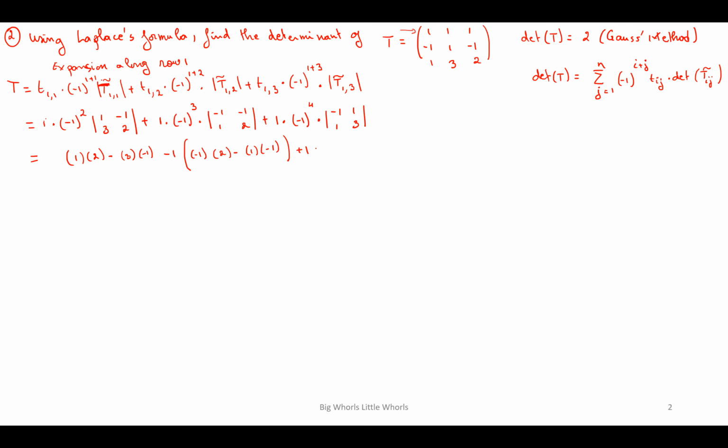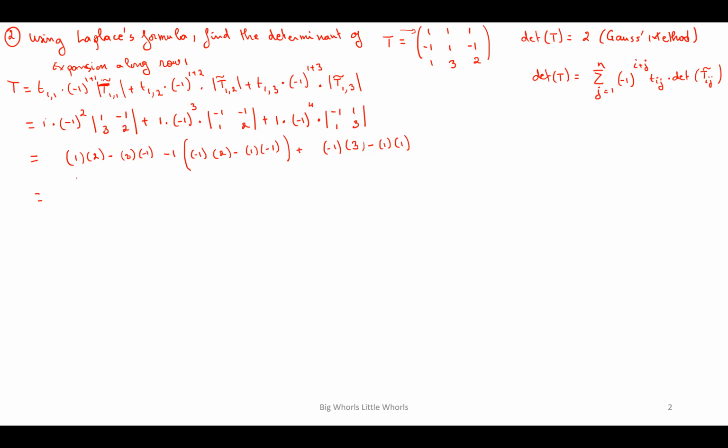Plus 1 multiplied by minus 1 multiplied by 3 minus 1 multiplied by 1.